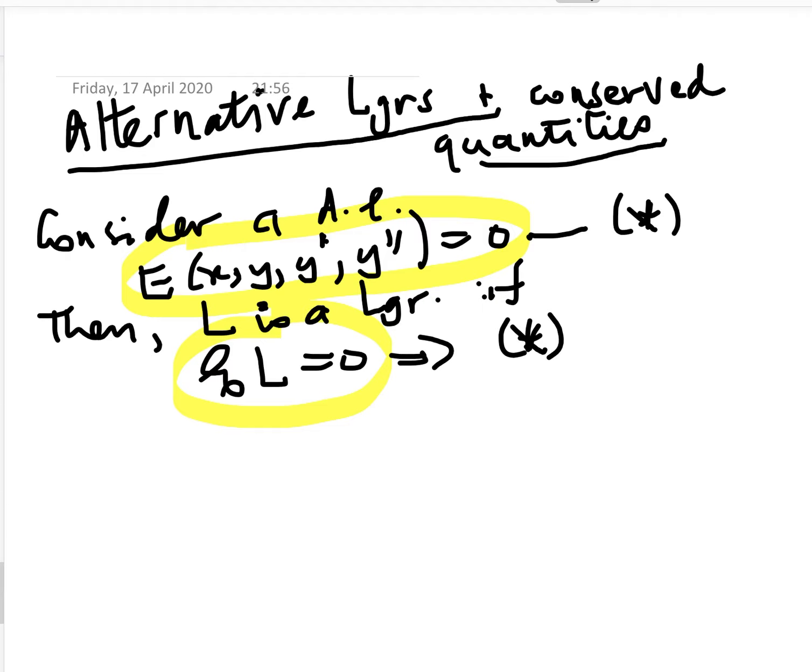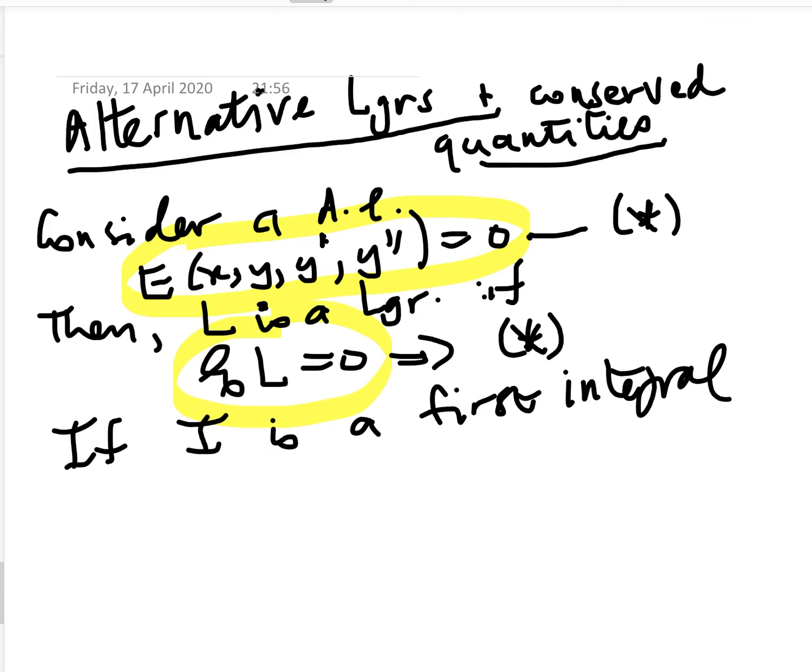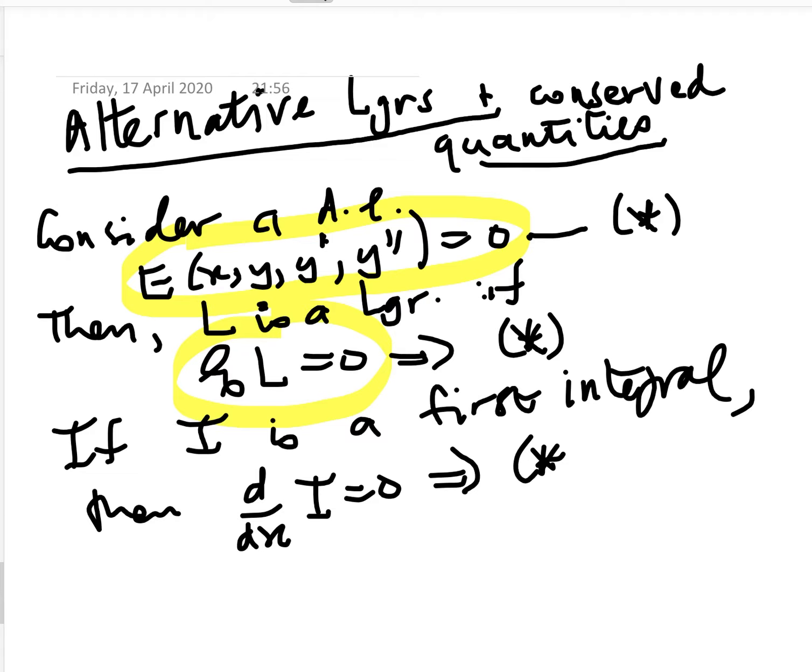And also, if I is the first integral, then we have that the total derivative with respect to x of I equal to 0 implies the differential equation.